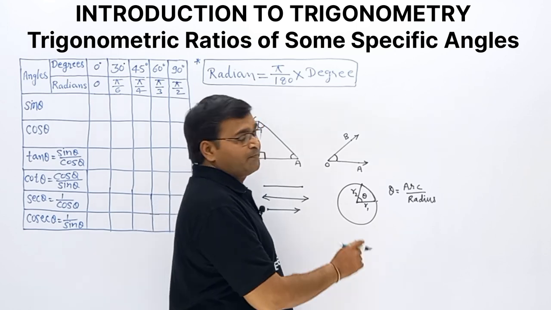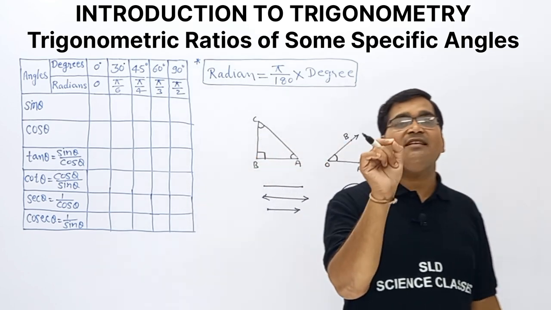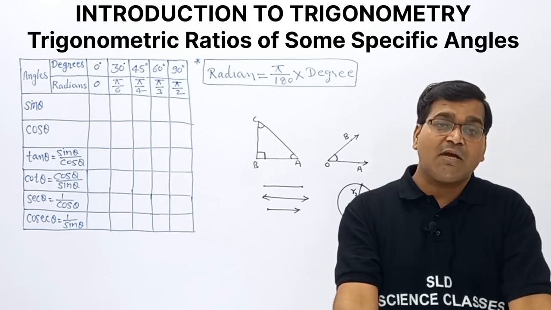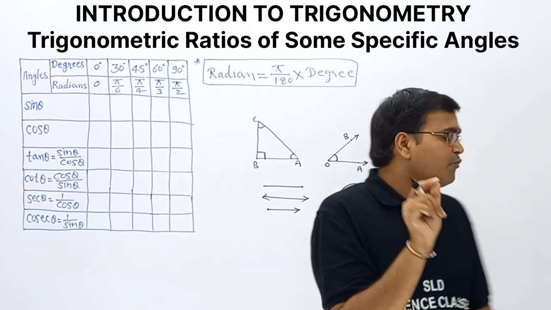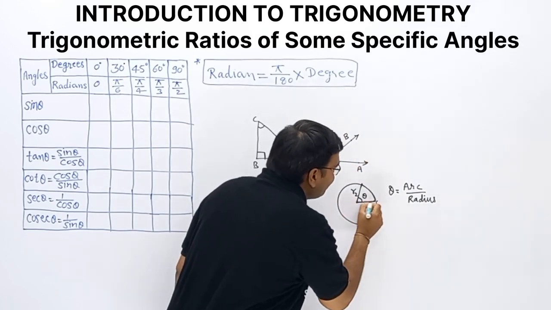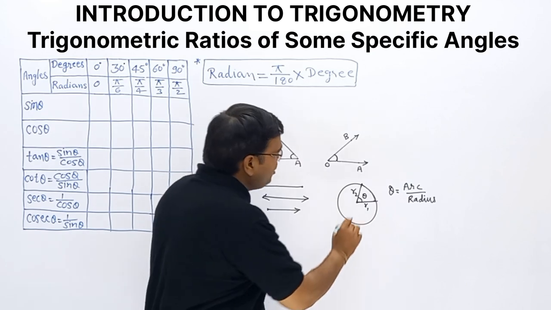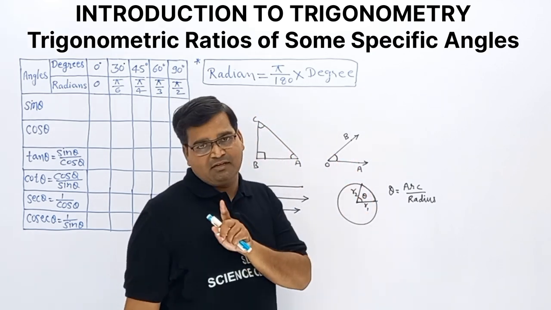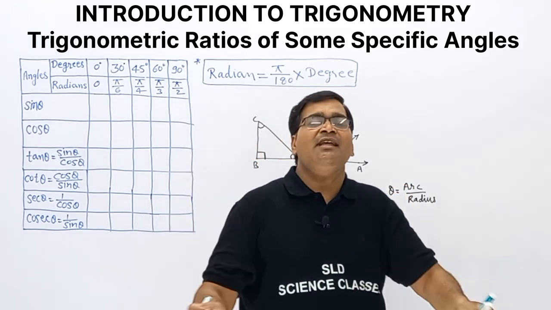Once two radii meet at the circumference, the length in between, where R1 and R2 meet there, is the arc. So arc upon radius will be the angle. So I am explaining angle.